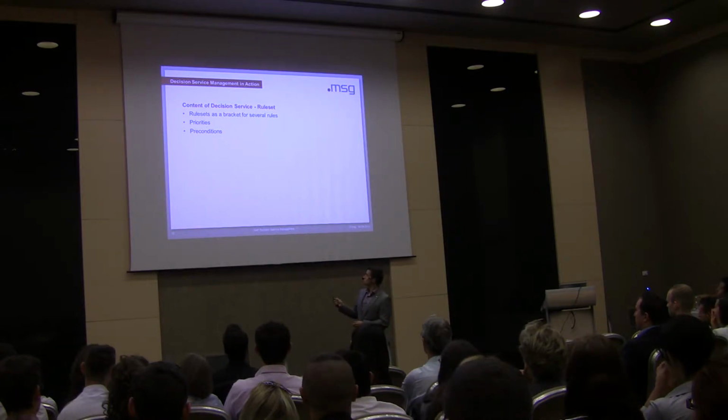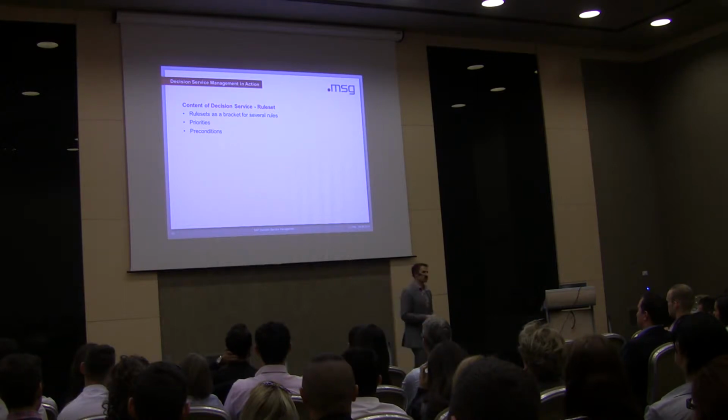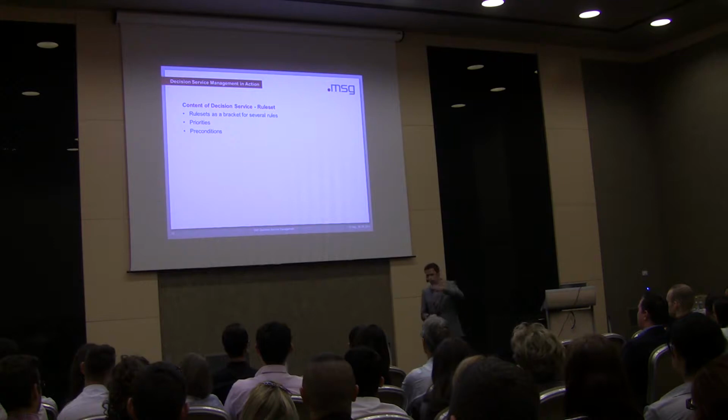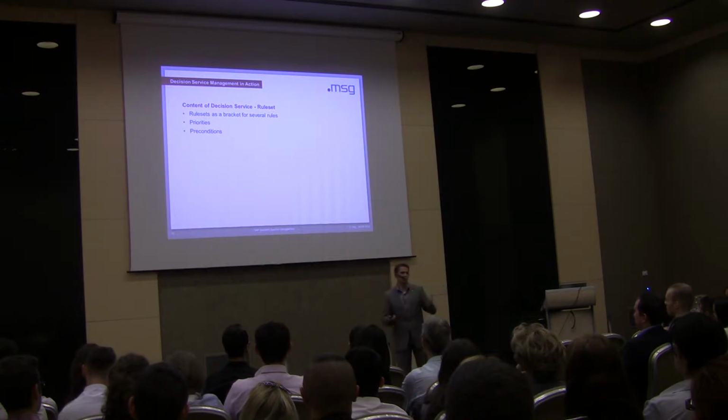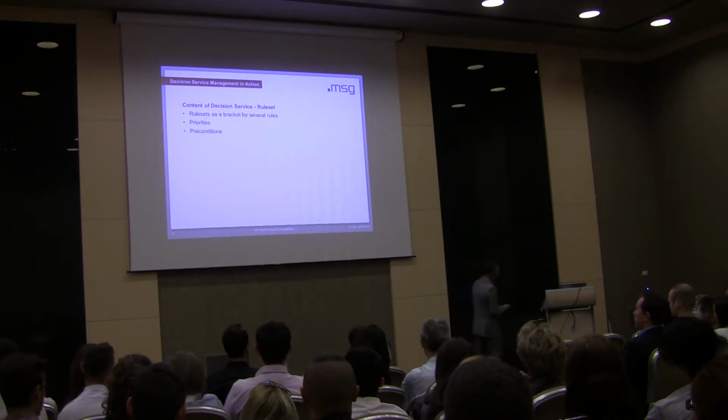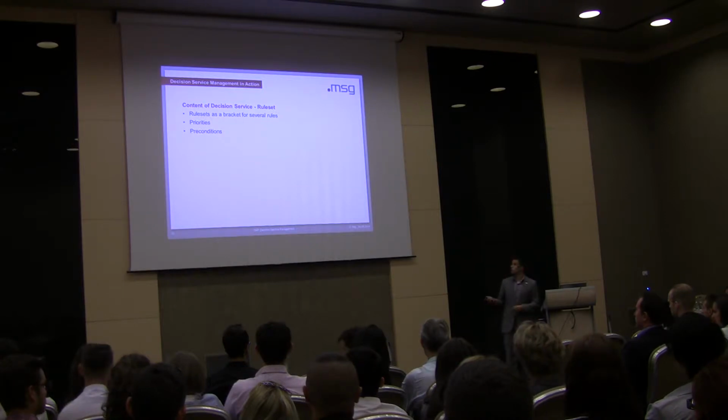That's why you need a second rule set, but you only want to execute the second rule set when the first rule set did not find anything. It's also a question of performance, because if you have a lot of rule sets and you always evaluate them, but you already have found the right decision with the first rule set, why should you execute the other ones? So that's all you would need from a requirement point of view.